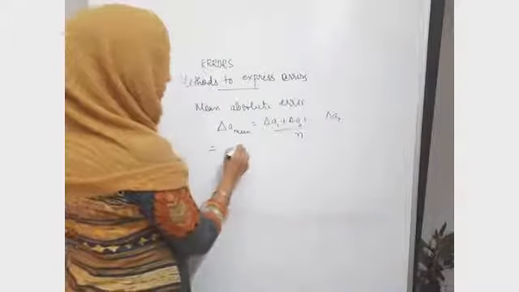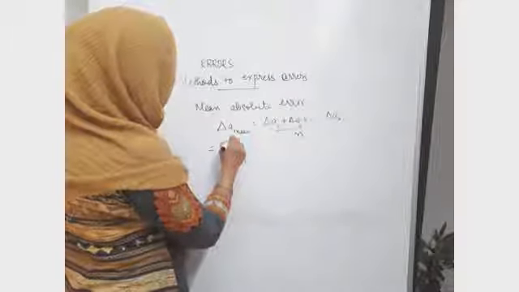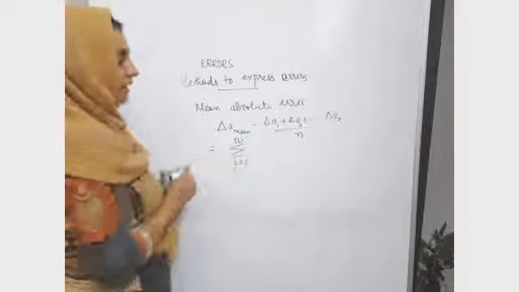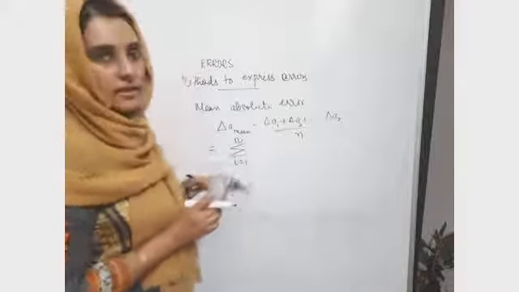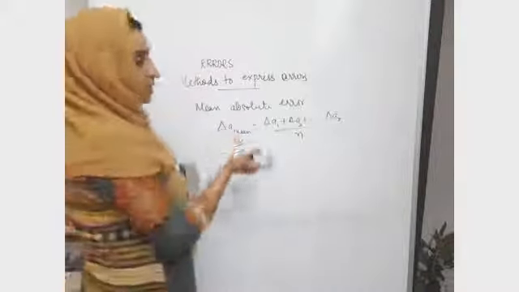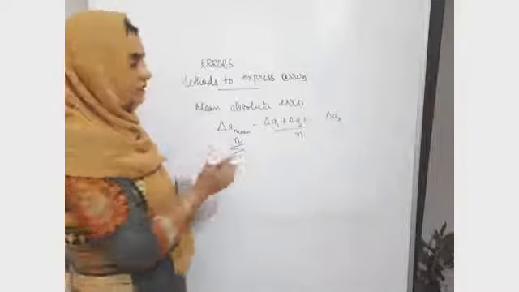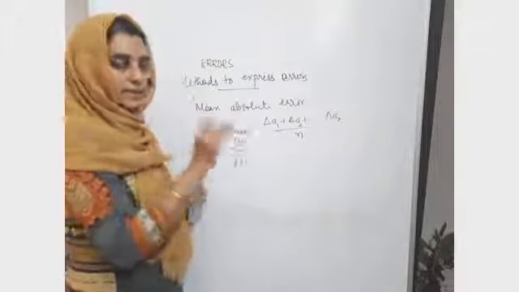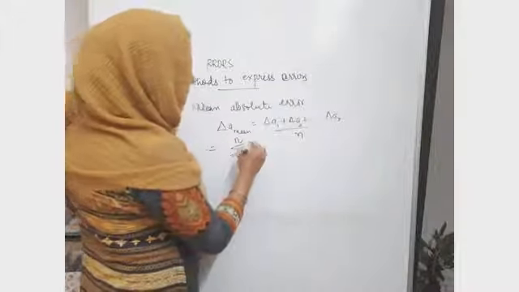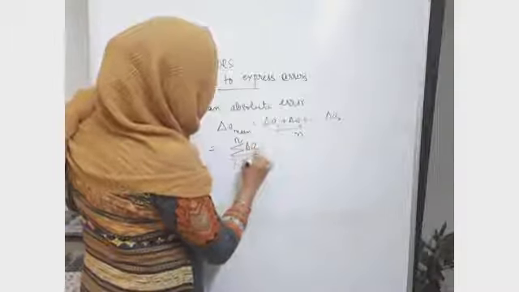In sigma notation, again we can represent it as i equal to 1 to n, where i ranges from 1 to n in the sets. It starts with 1 and ends with the last set of observation. That means you are taking n sets of observation. So if you are taking 6 sets of observation, this n will be 6: 1, 2, 3, 4, 5, 6, till 6 it will go, and delta ai divided by n.